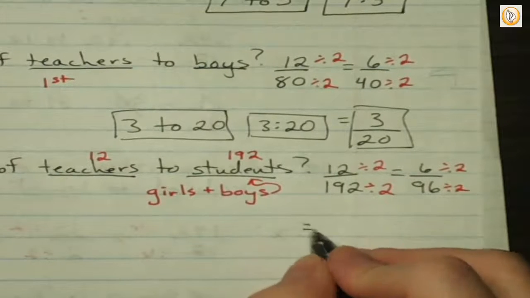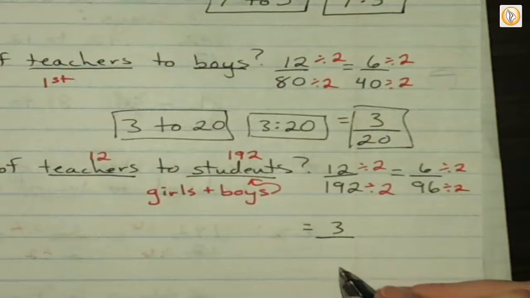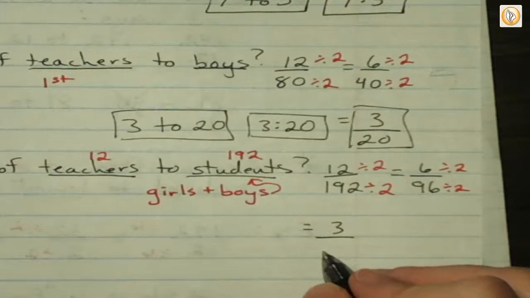And what do you get? 6 divided by 2 is 3. 192 divided by 2 is 96. So 96 divided by 2 would be 48.